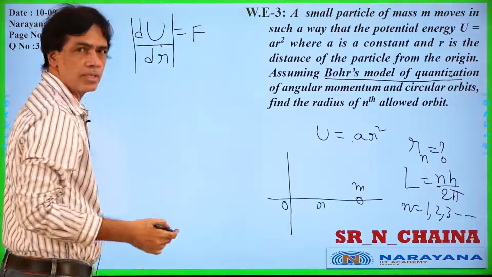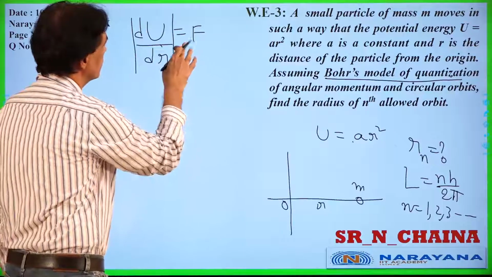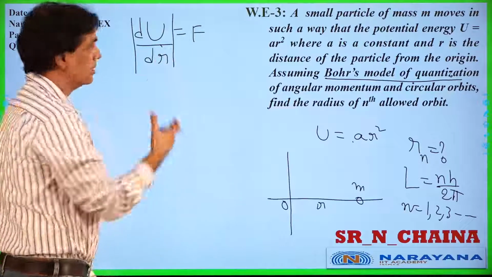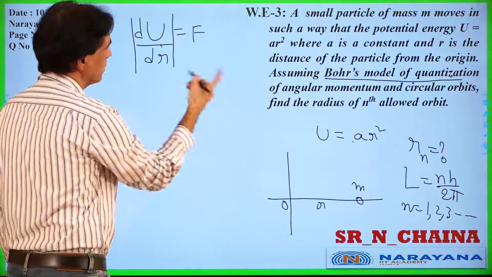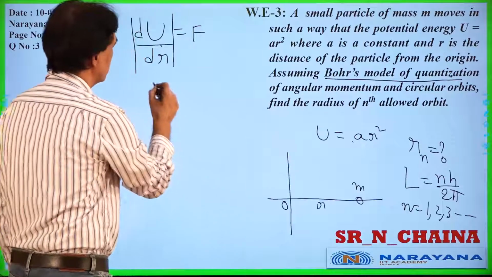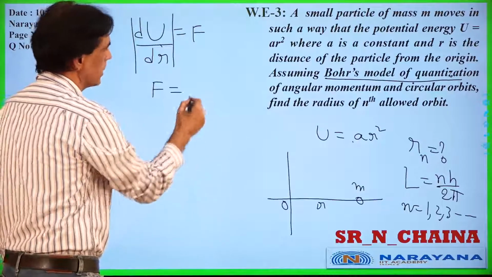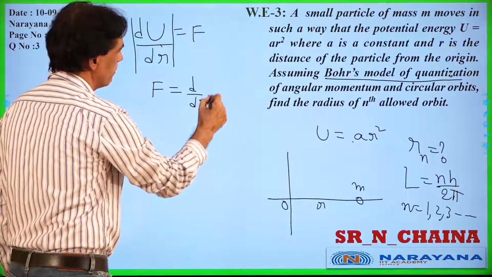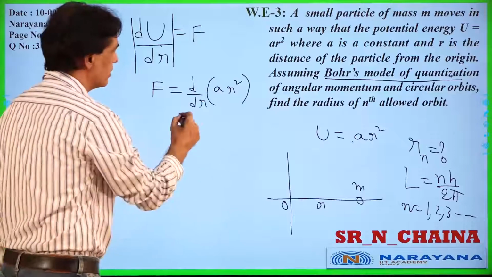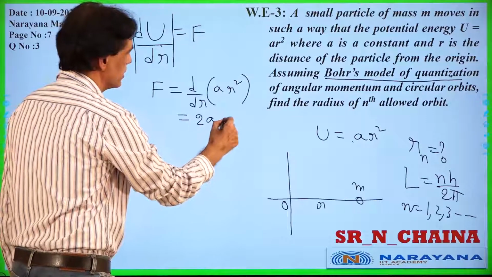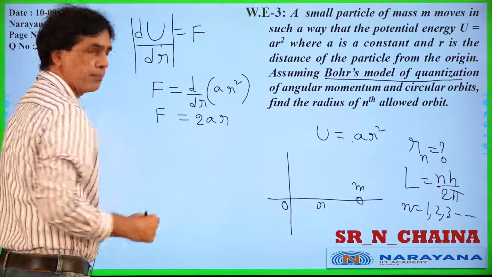In the work, power, energy lesson, you already learned about this. A conservative force is related to potential energy according to this relation. So I'll differentiate the U value and get the F value. What is F? d by dr of A r square. Let's complete the differentiation. It will be 2 times A r. This is the force.